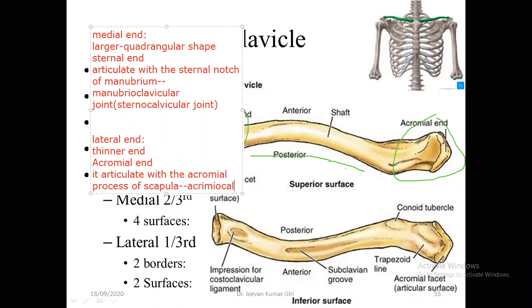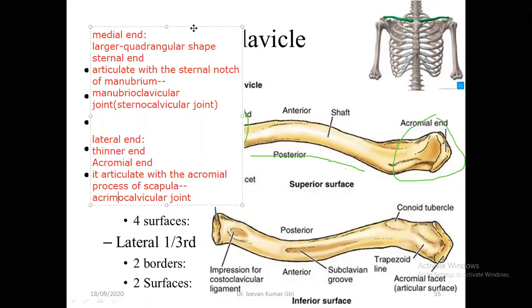You can see this joint here. This is the acromial process of the scapula, and this is the lateral end of the clavicle that makes the joint, the acromioclavicular joint.